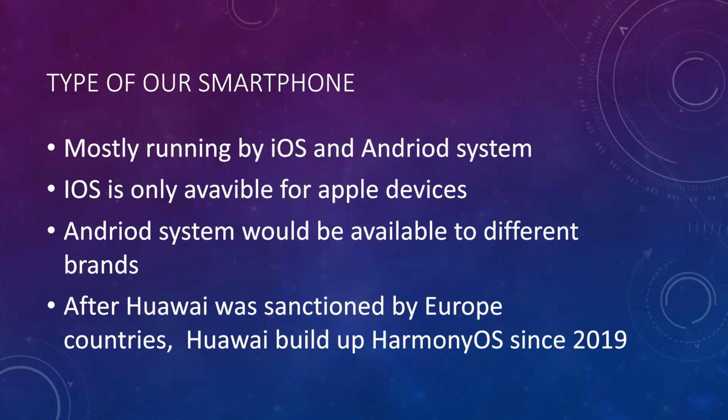And the Android system is available on different brands of CPU, like Snapdragon, MTK CPU, and Huawei CPU, something like that. So there are not only those two kinds of platform. Sorry, I don't know how to spell the name.